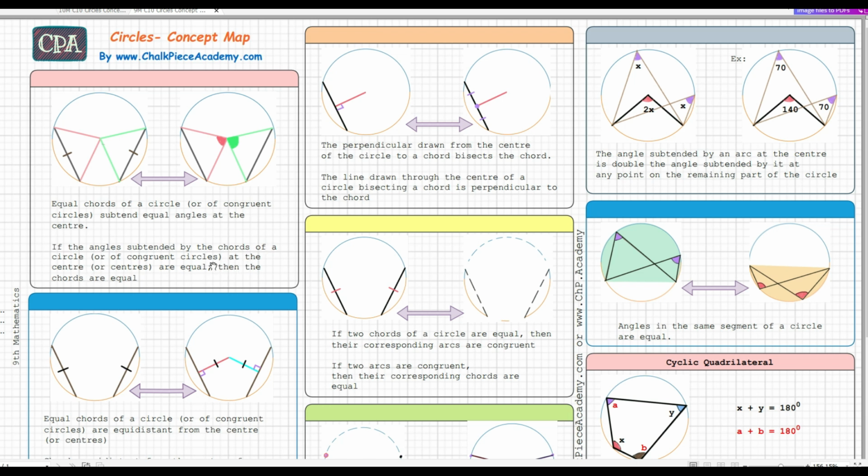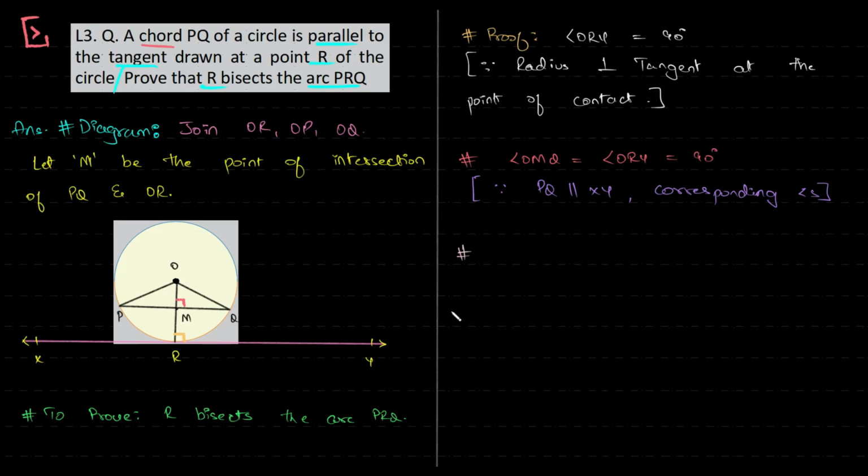If the angles subtended by the arcs of a circle at the center are equal, then the arcs are equal. That's it. If I prove that these two angles are equal to each other, then because these two angles are equal, PR is equal to RQ. Because PR is equal to RQ, R has to be the midpoint, that is R bisects the arc PRQ. So to prove this, we have to prove those two angles are equal.